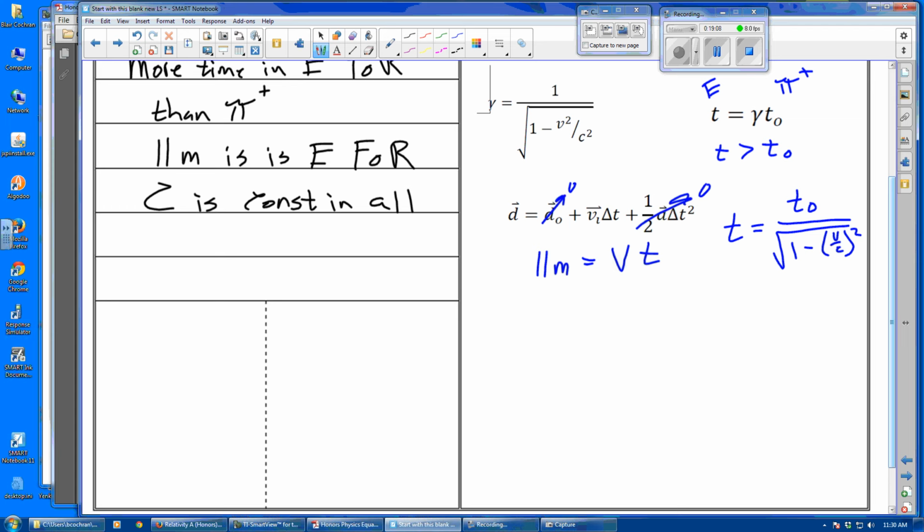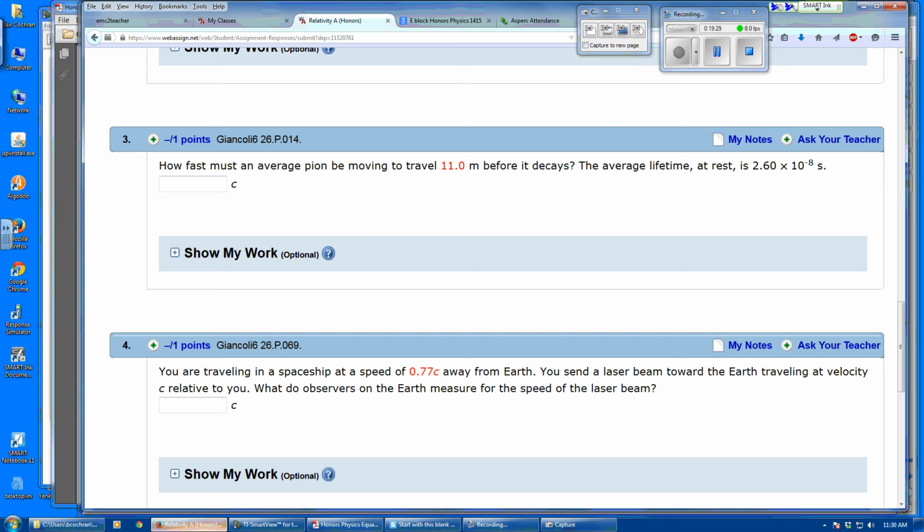Yes? Maybe? Yes. Okay. We're looking for v. We know c. We know t naught, because that's the amount of time that passes in the pion's frame of reference. So t naught is actually, what is that, 2 point something? 2.60?